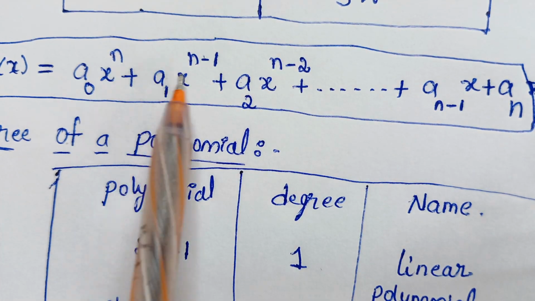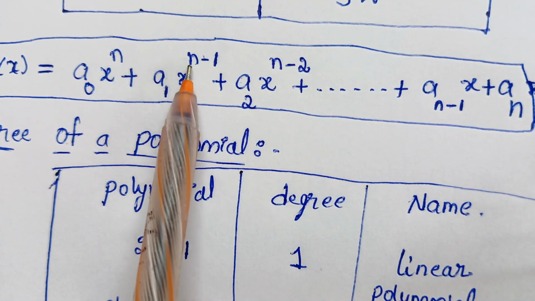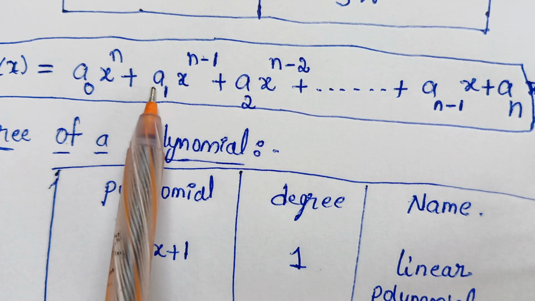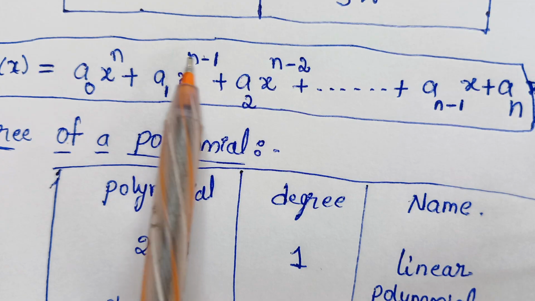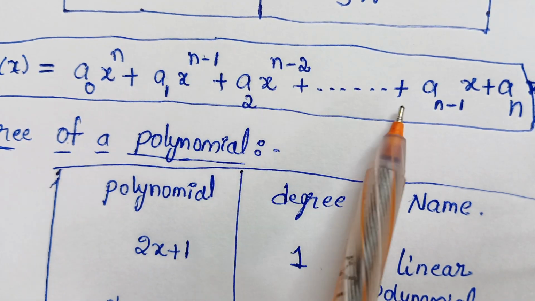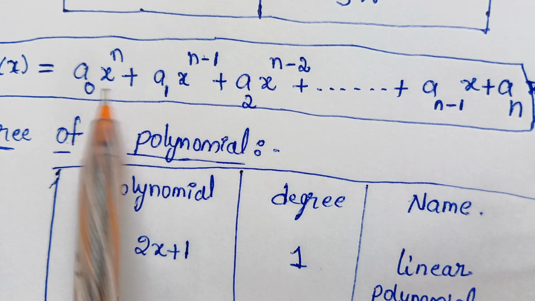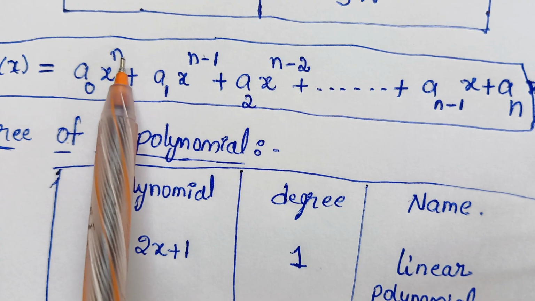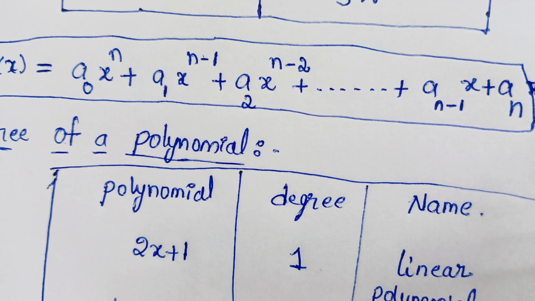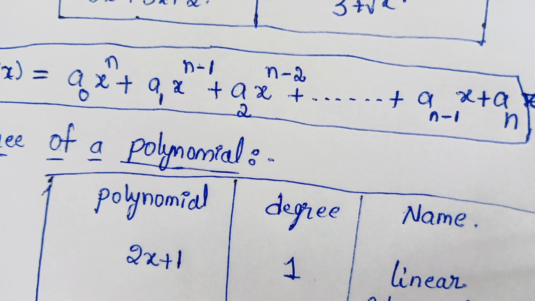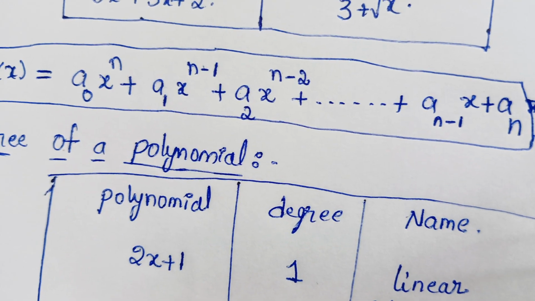The coefficients of x are a0, a1, a2, and these are the real coefficients. The x powers are n, n minus 1, slowly decreasing until x power 0. So the highest power is n. This is the nth degree polynomial. This is about polynomials and the degree of a polynomial.